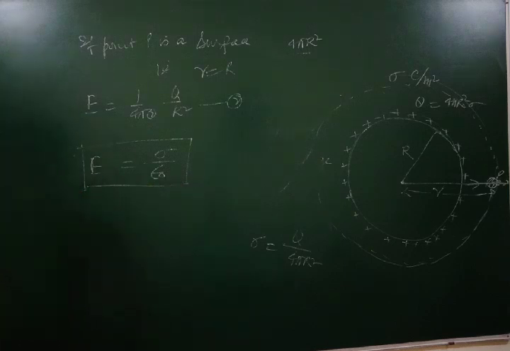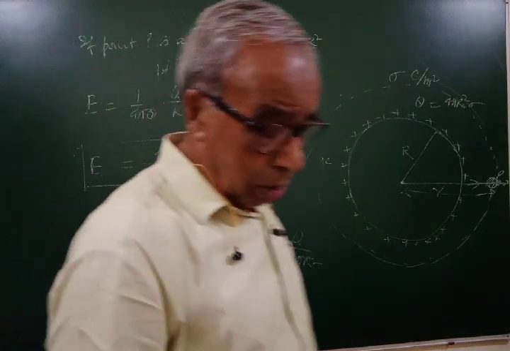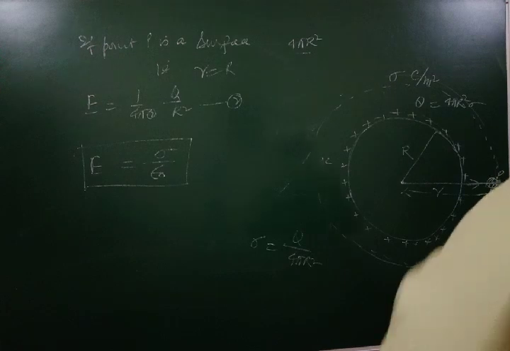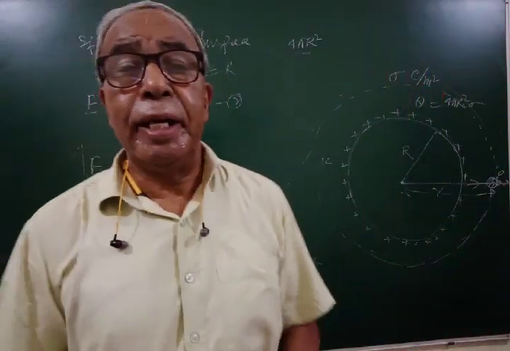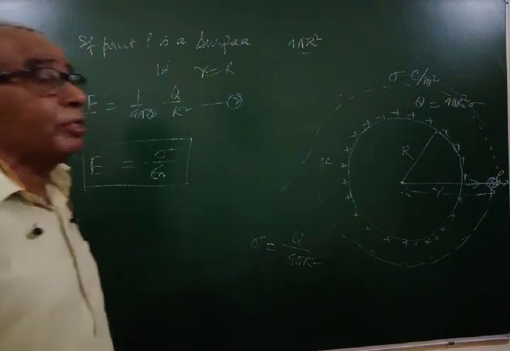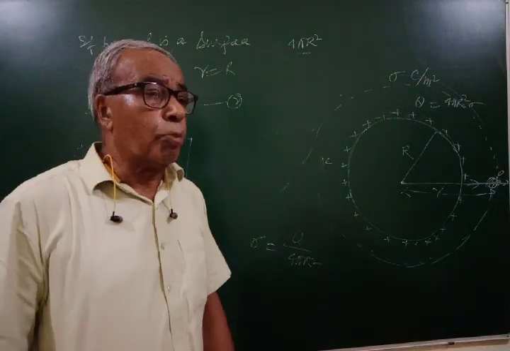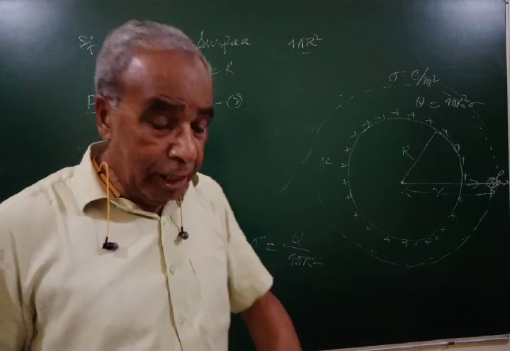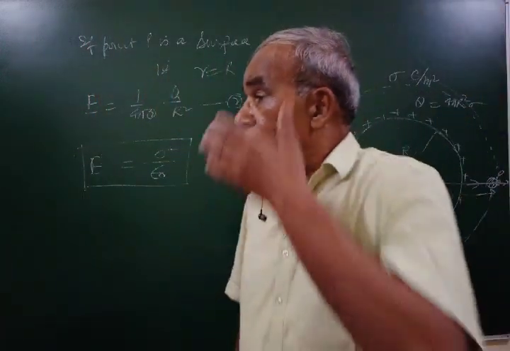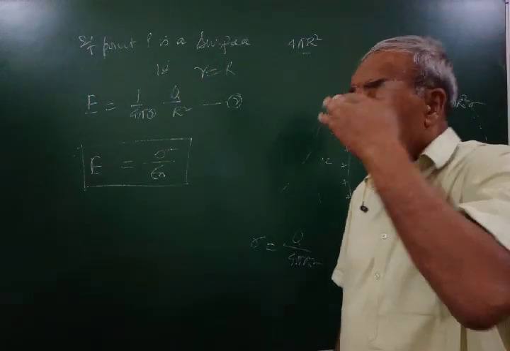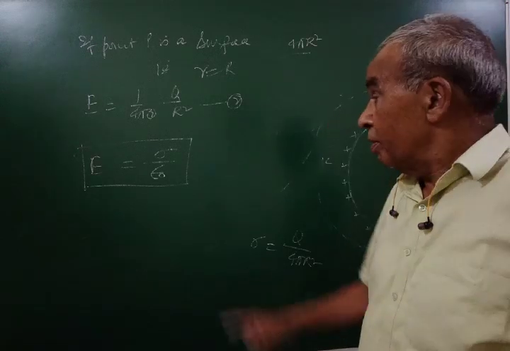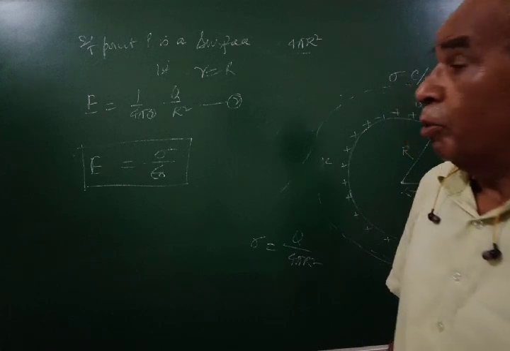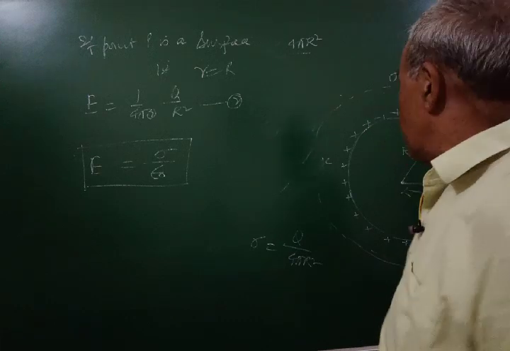This expression may be used to tell the electric field at any point on the surface of a conductor, small or big. If we know the surface charge density at any point, then at the surface of the conductor E equals sigma upon epsilon 0.